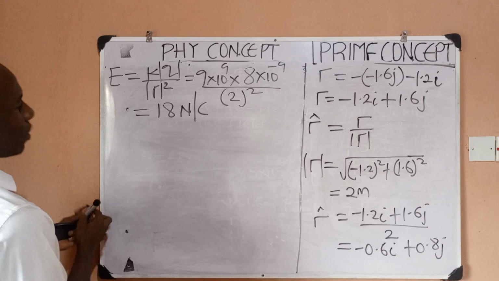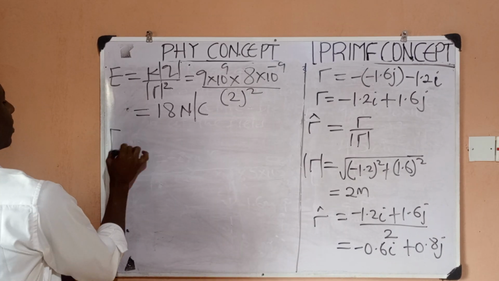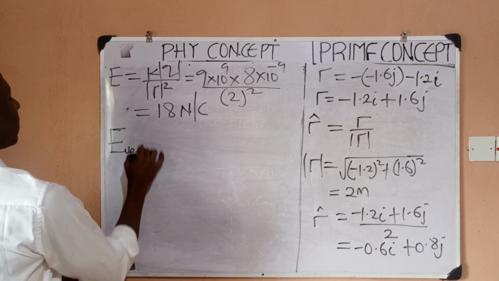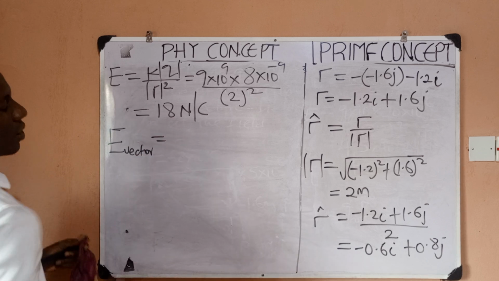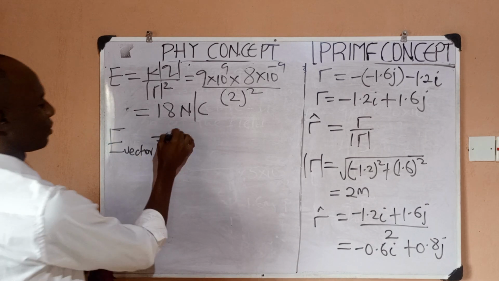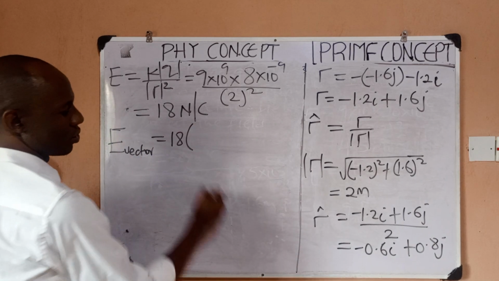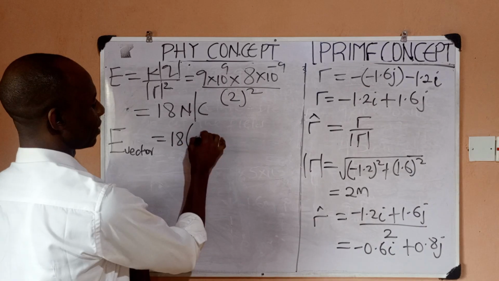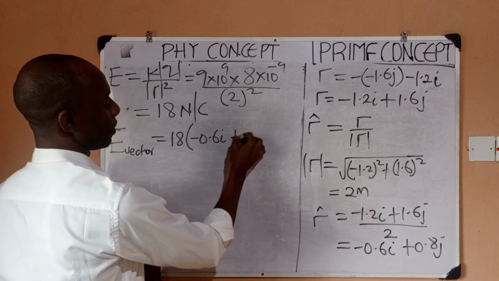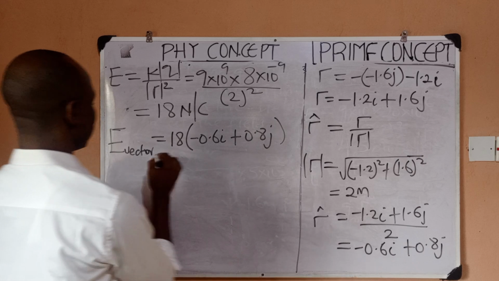So the next thing I want to do now is the E vector. The E vector is simply going to be 18 times minus 0.6i plus 0.8j.